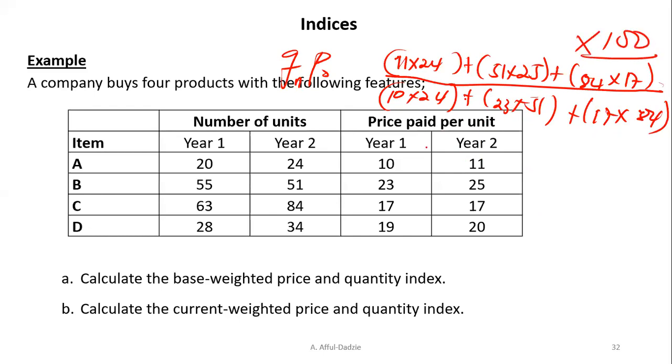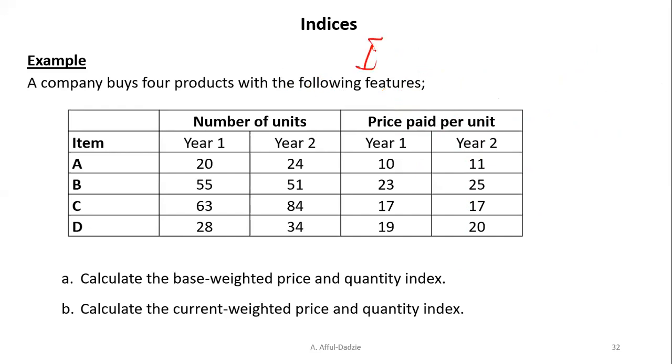This is for the price index. But if you're finding the quantity index, then this time around, you're going to have your new price to be the weight. So here, this is the quantity index.